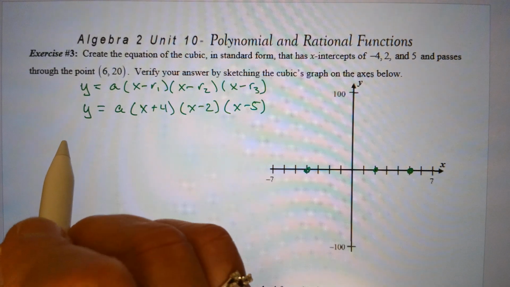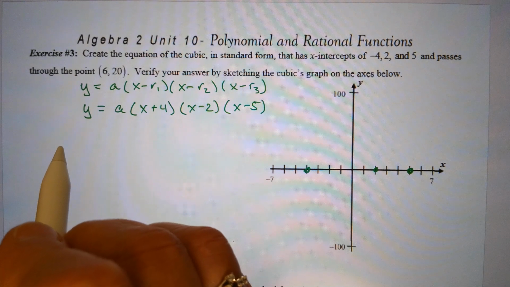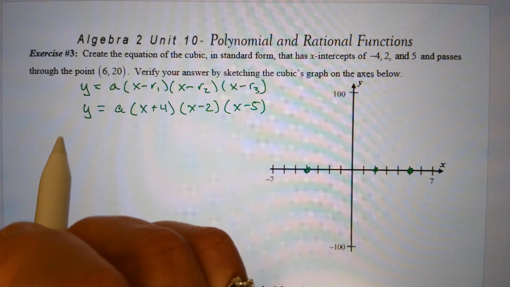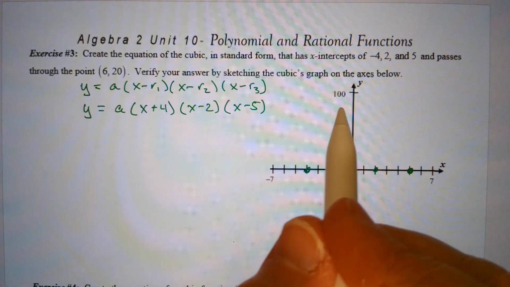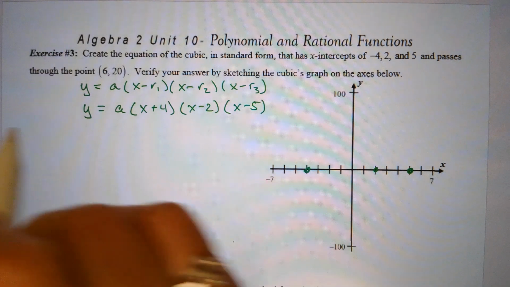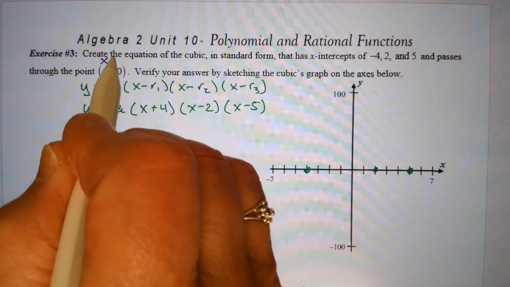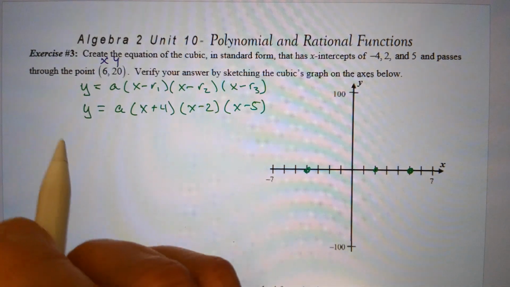Now, we're going to replace our x and y here.